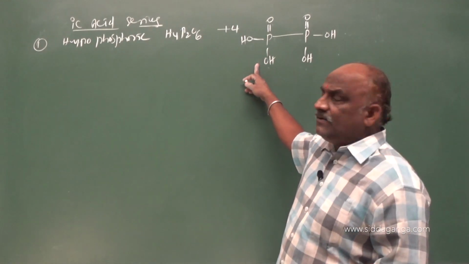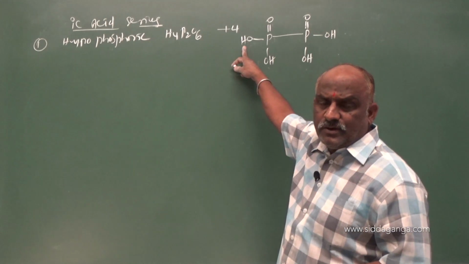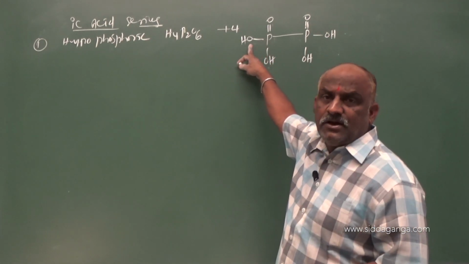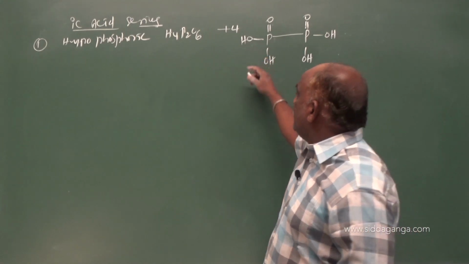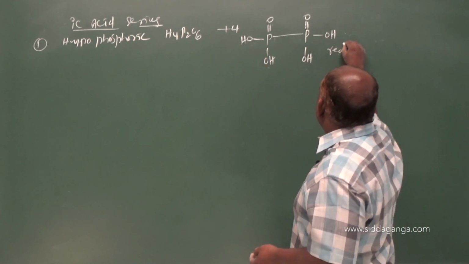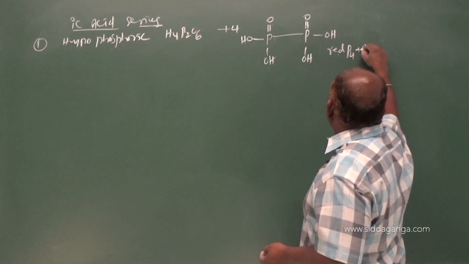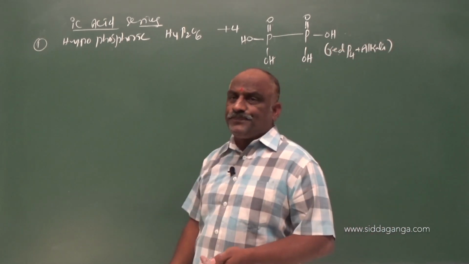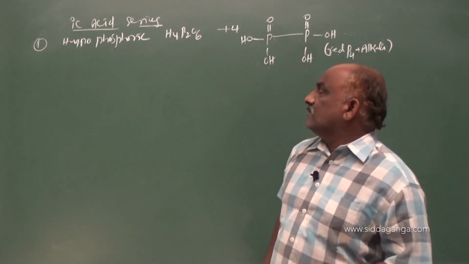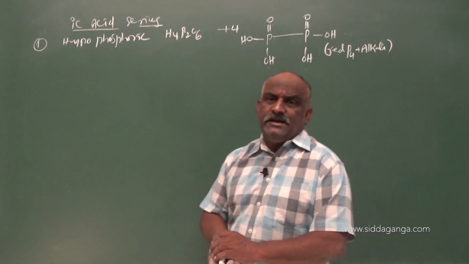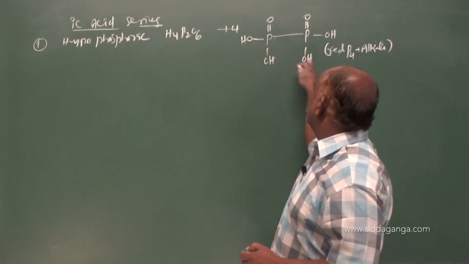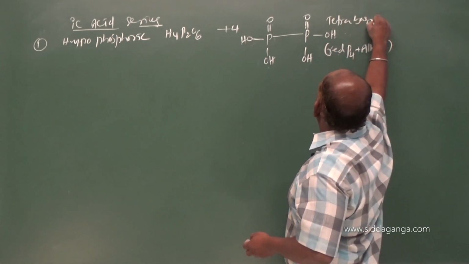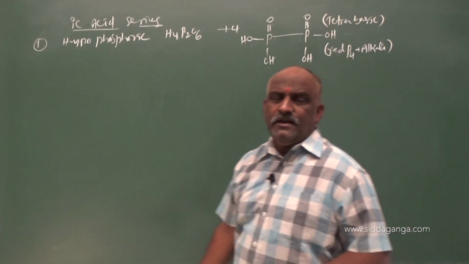Clear it is. There is no scope of drawing that single bond H because these are not reducing agents. It was prepared from red phosphorus plus alkali. Red phosphorus plus alkali gives rise to hypophosphoric acid, and the number of OH groups here is 1, 2, 3, 4. So this is tetrabasic. Clear it is.